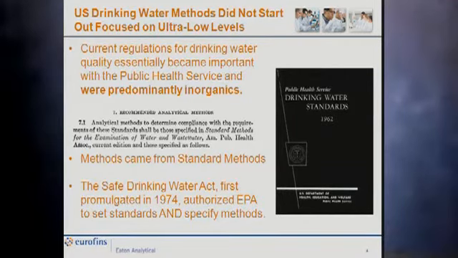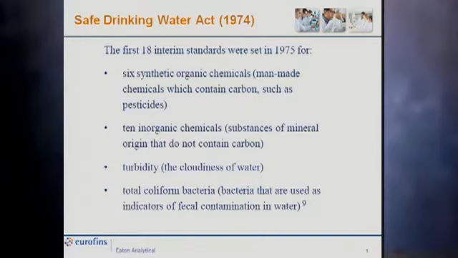Then in 1974, when the Safe Drinking Water Act was promulgated, that actually authorized EPA to set both standards and specific methods for analytes. The first 18 standards in the Safe Drinking Water Act were actually considered interim standards, and they were set in 1975. By now, EPA had moved from strictly inorganics to organics that were basically pesticides.